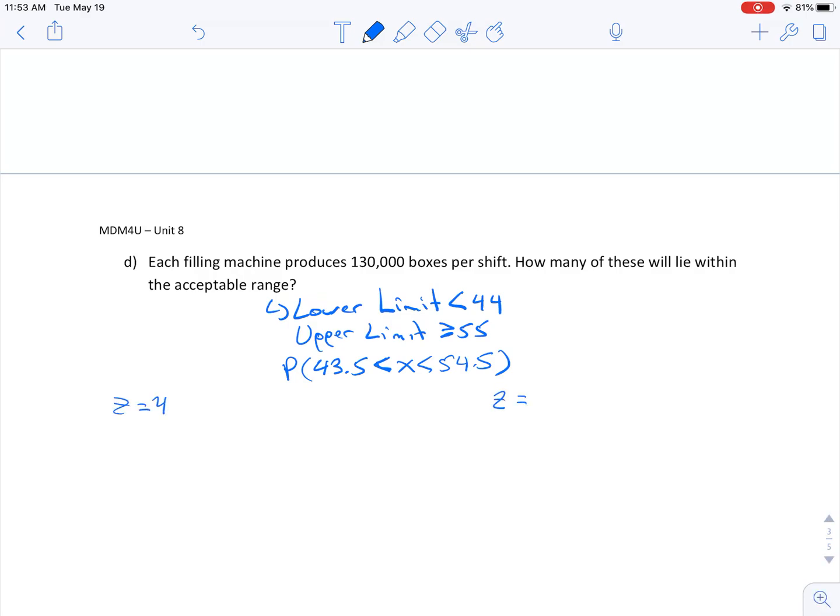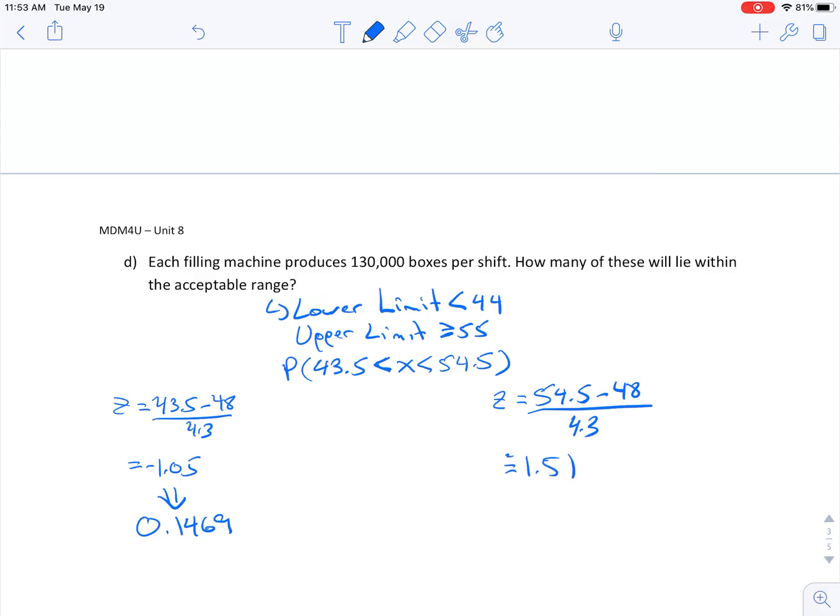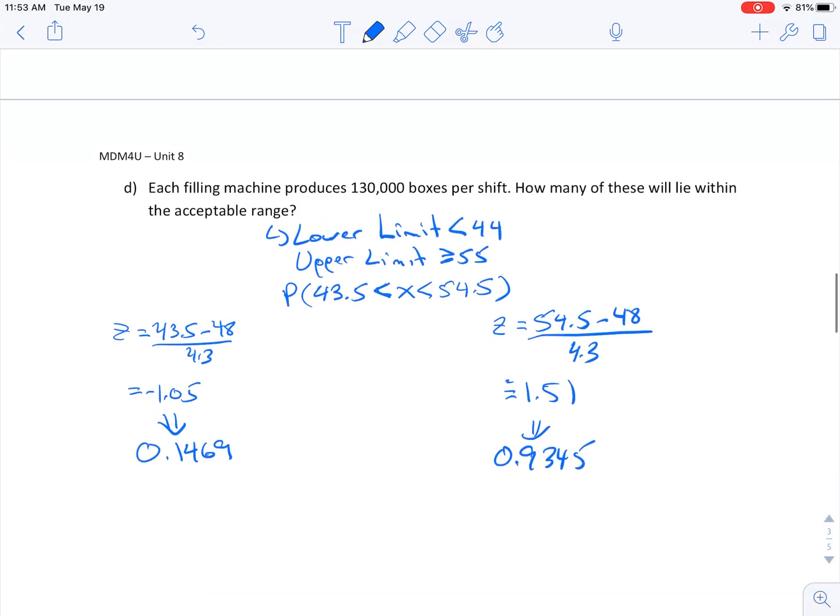We've already done one of them. That's the 43.5 on the previous page. So I'll just write that in. And then the other one we have to calculate is 54.5. That one comes out to approximately 1.51. Z-score then of 0.9345.